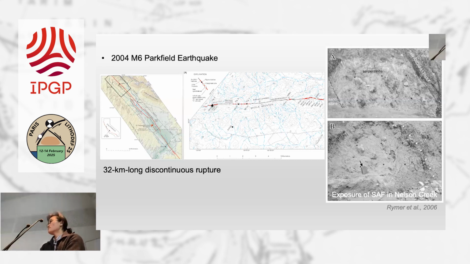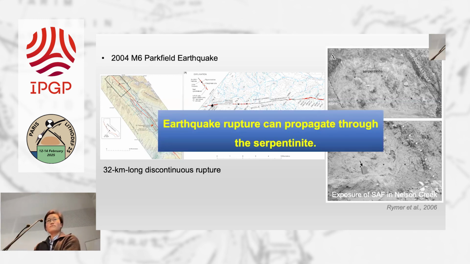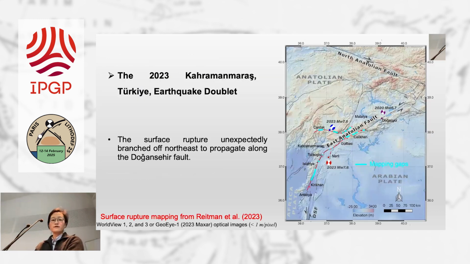So still, until now, we haven't found any evidence of seismic rupture propagating into serpentinite. But here, our work can prove this.